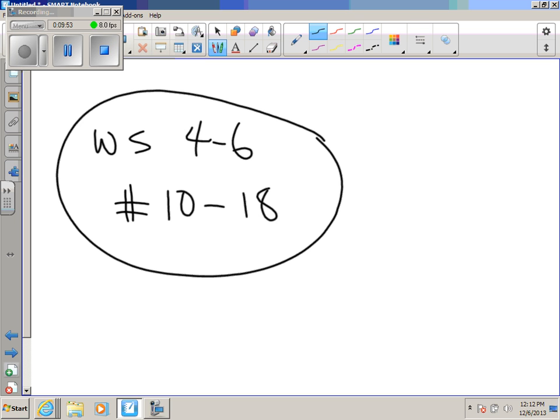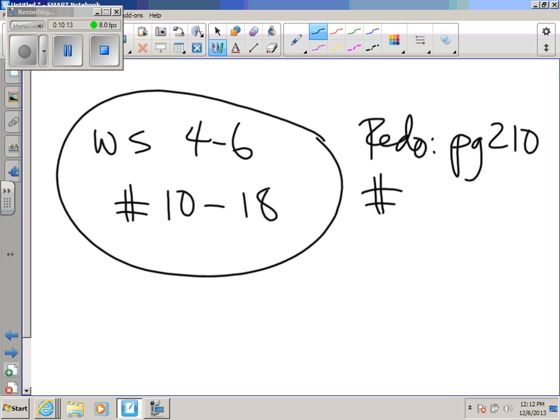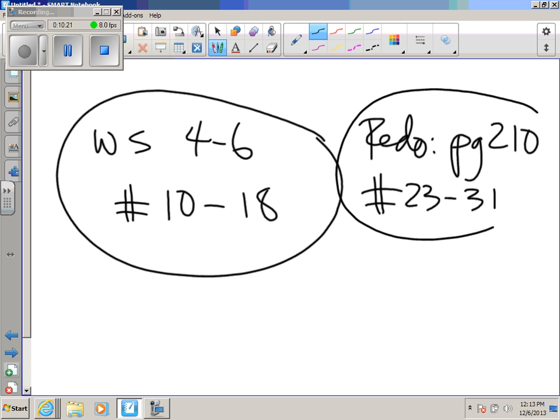Get a mixture of everything. The redo. Page 210. 23 to 31.